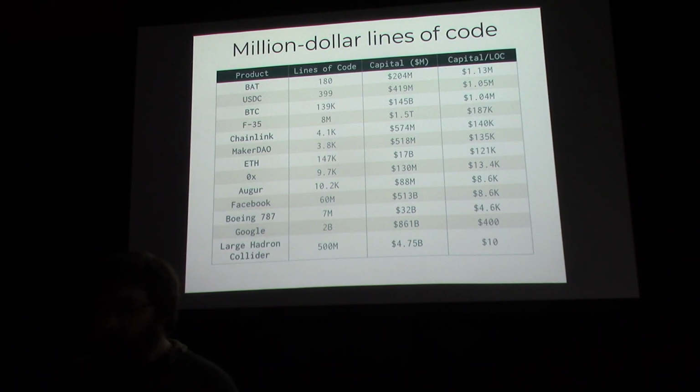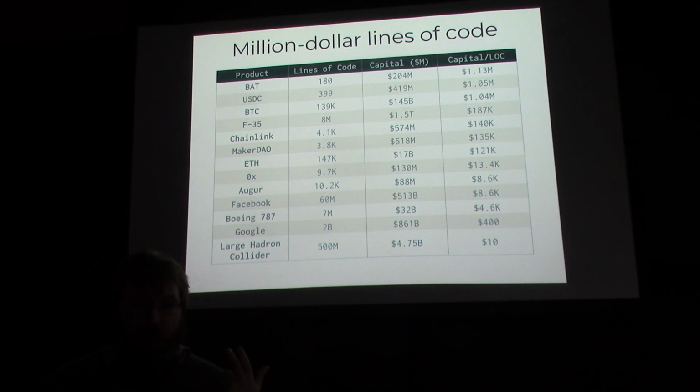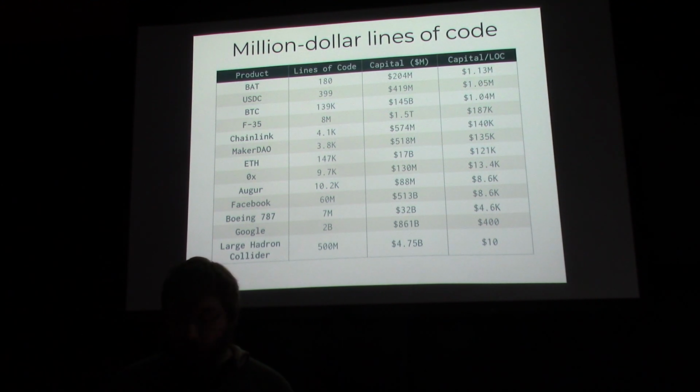In blockchain, this project is being funded by the Ethereum Foundation in part. This is really important because blockchain is an area of software that has the combination of really small code bases, huge amounts of capital, and the platforms that they're deployed on are immutable, so they're very difficult to change.